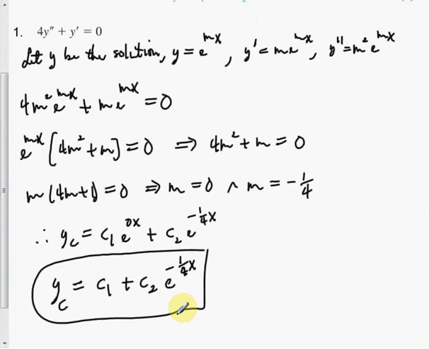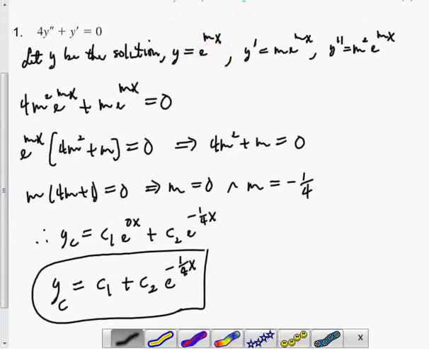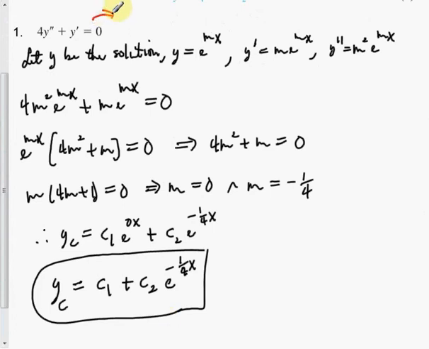Now here's the quick way, I should say. Without even having to go through let y equal to e to the mx, you can skip that. You could have solved this guy by just jumping right to the auxiliary equation. And the auxiliary equation is just simply, wherever you see y double prime, it's going to be m squared.